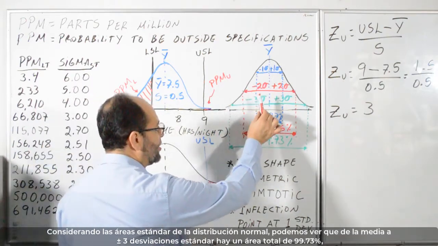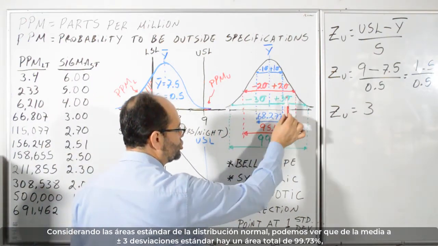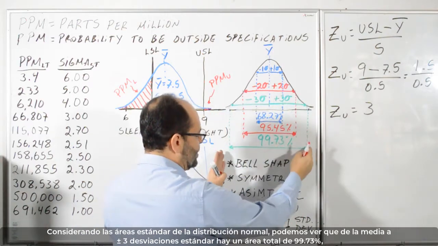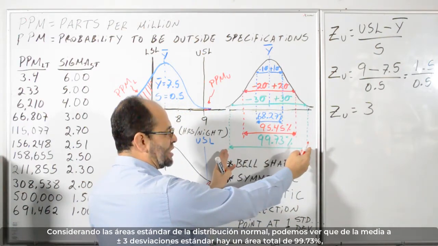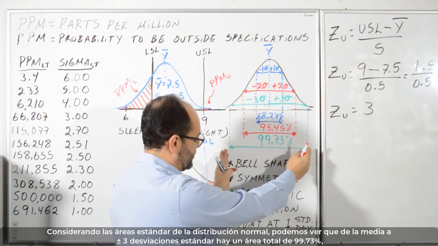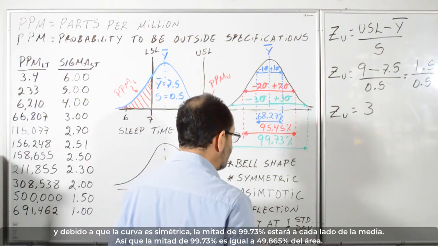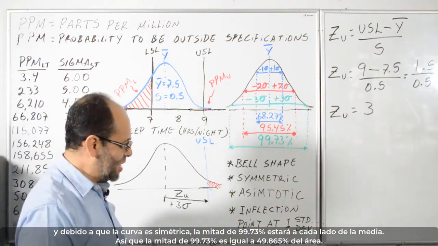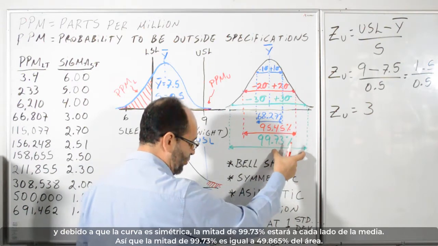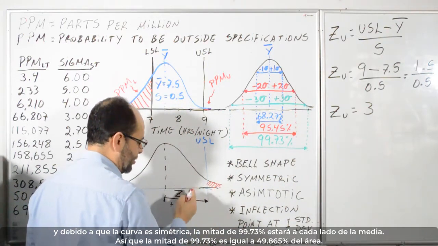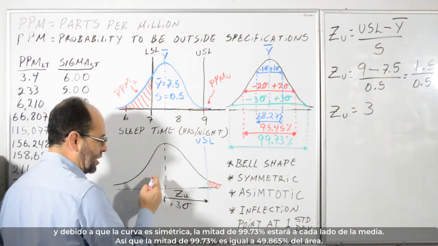As we can see, the mean plus minus 3 standard deviations is a total area of 99.73%. Because that is symmetric, half of this 99.73% will be from here to here, and the other half will be from here to here.